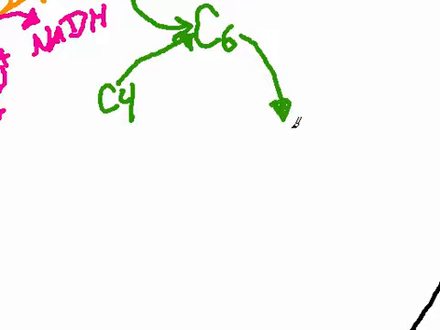That C6 is going to lose a carbon, become a C5. I'm going to use yellow to show you that carbon come off, forming another molecule of CO2.